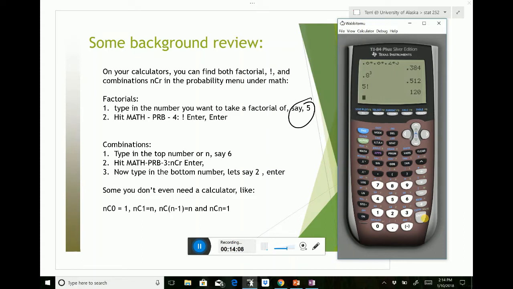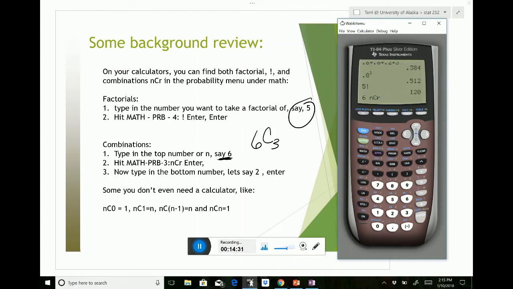So, for combinations, let's say we want to do combination 6 choose 3. So I put in 6 first. Then I go math, go over to PRB again. Now I'm going to go down to nCr, or you could just hit 3, enter.